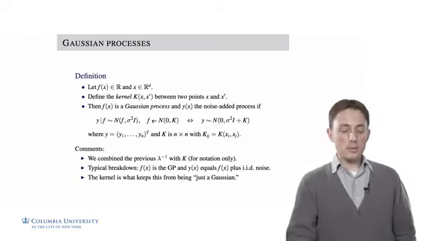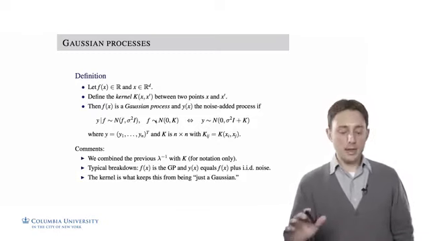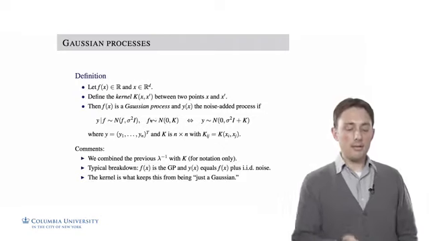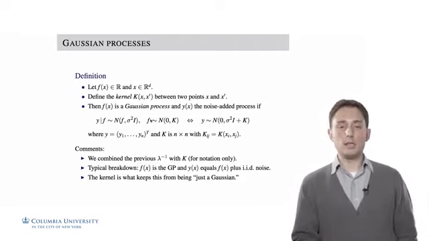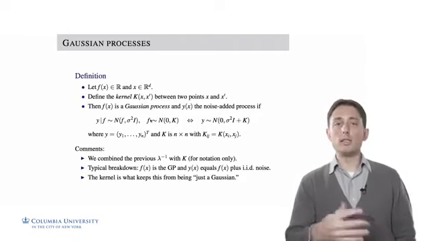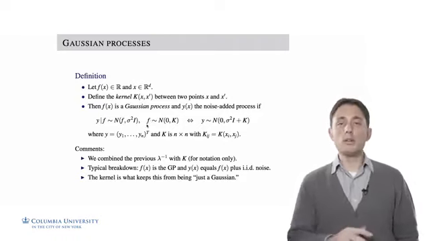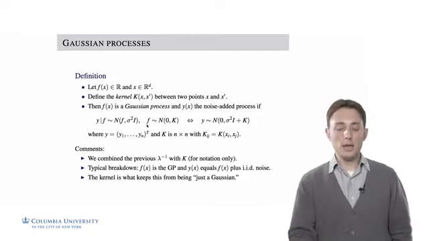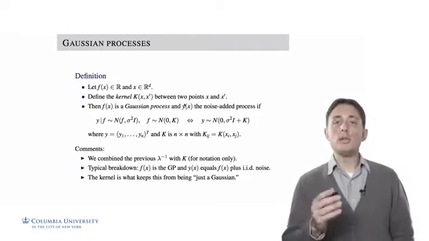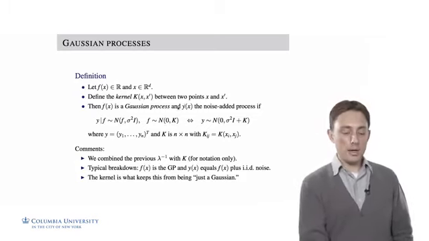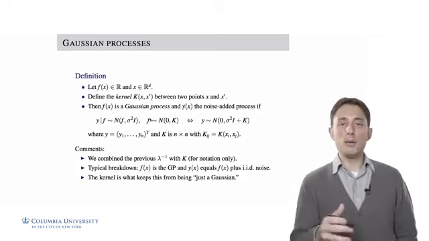So the reason that we separate f is because f is the definition of a Gaussian process. So a Gaussian process we aren't going to assume has noise. We're assuming there's some underlying Gaussian process, and then the data that we observe is a noisy subsampling of this infinite dimensional function at endpoints.